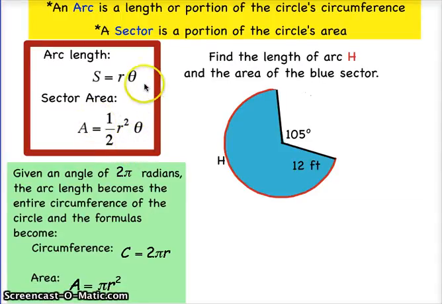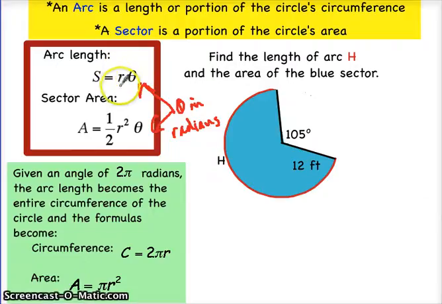Theta for both of these formulas has to be in radians. But it's actually two formulas you're fairly familiar with. If you plug in 2 pi for radians, it's essentially going all the way around the circle.